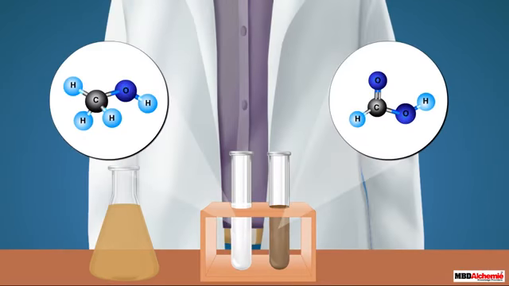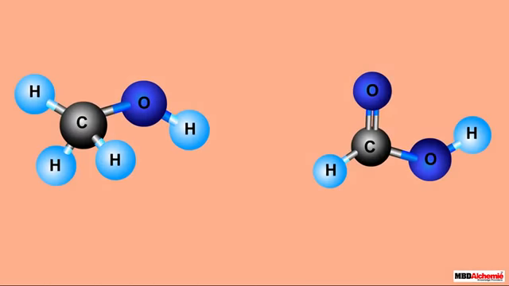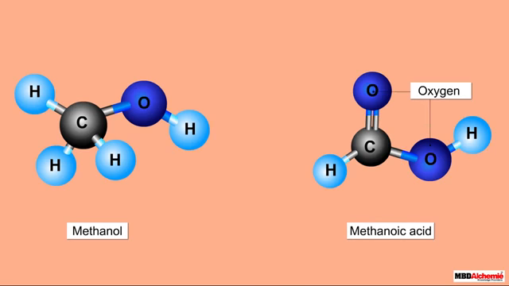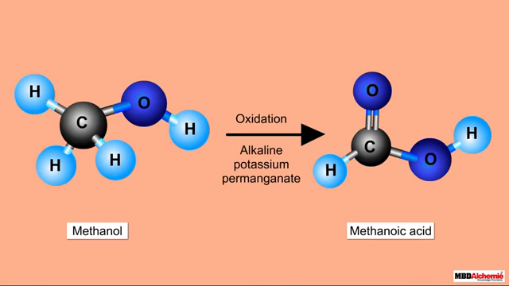On comparing the structure of methanol and methanoic acid, we can see that a methanol molecule has only one oxygen atom attached to the carbon atom, whereas in a molecule of methanoic acid, there are two oxygen atoms attached to the carbon atom. So we can say that methanol undergoes oxidation in the presence of alkaline potassium permanganate to give methanoic acid.